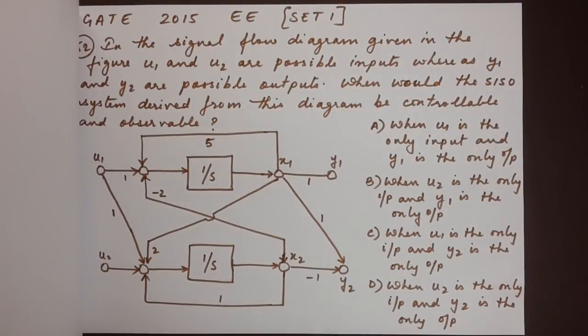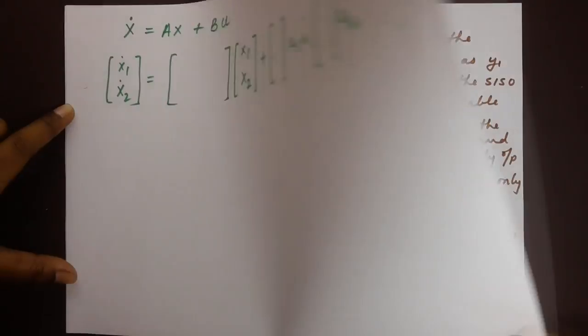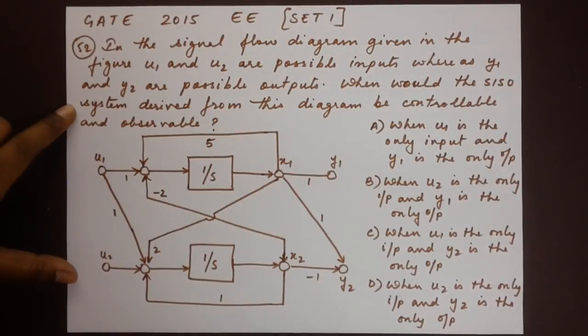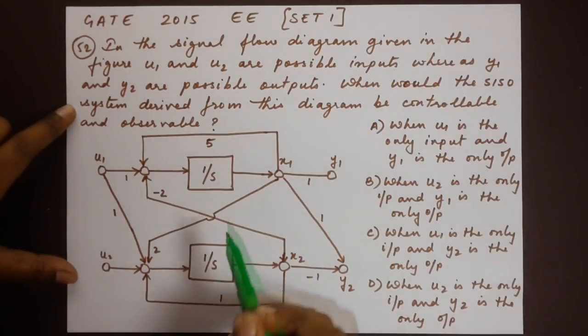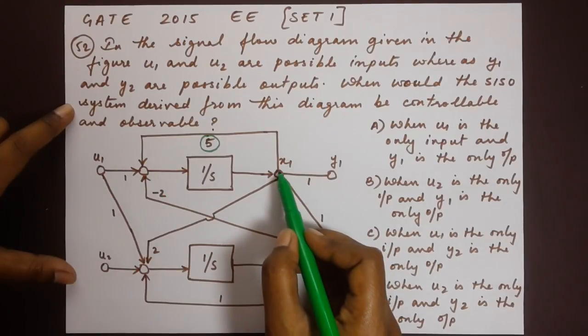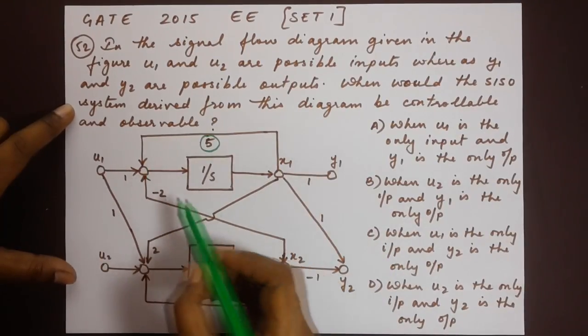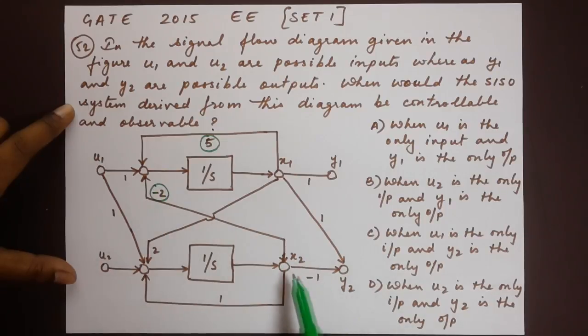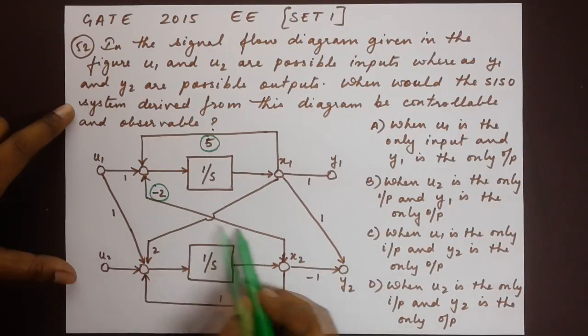Okay, so first observe the nodes at x1 and x2. So we have the values 5, minus 2, 2 and 1. That's for x1 and x2. I'll just circle it so that you would know what I'm talking about. Here we have the value 5 from x1, and then we have the value minus 2 here, between these two nodes.